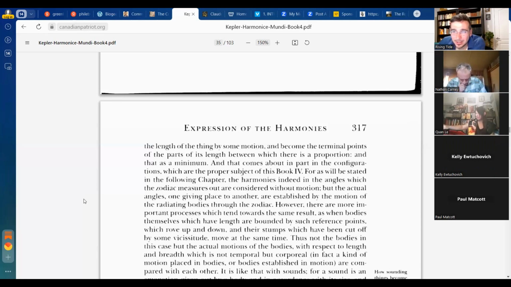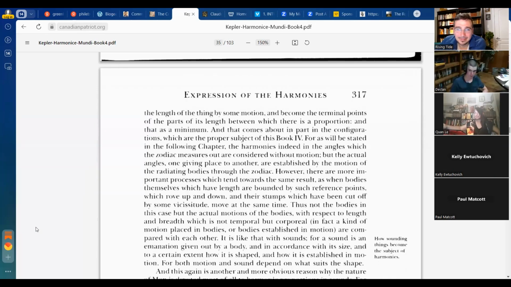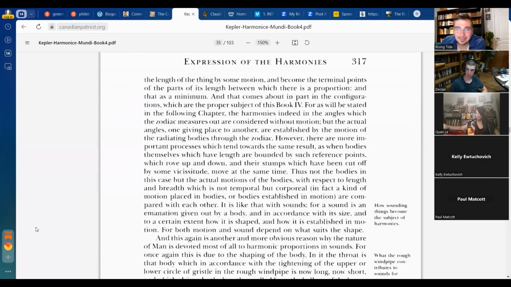Shall we proceed onward? Okay. And that comes about in the part, in the configurations, which are the proper subject of this book 4. For as will be stated in the following chapter, the harmonies, indeed the angles which the zodiac measures out, are considered without motion.